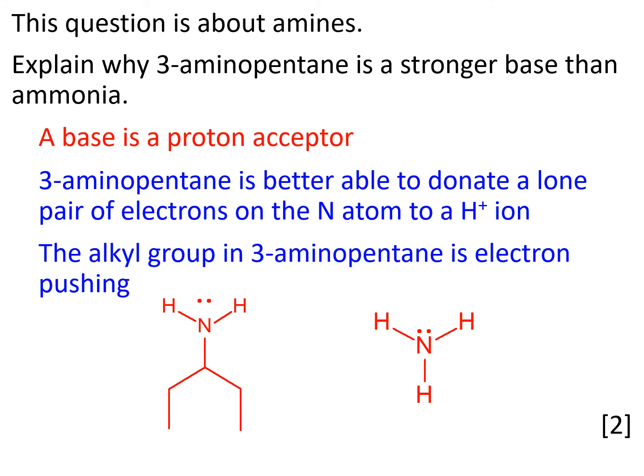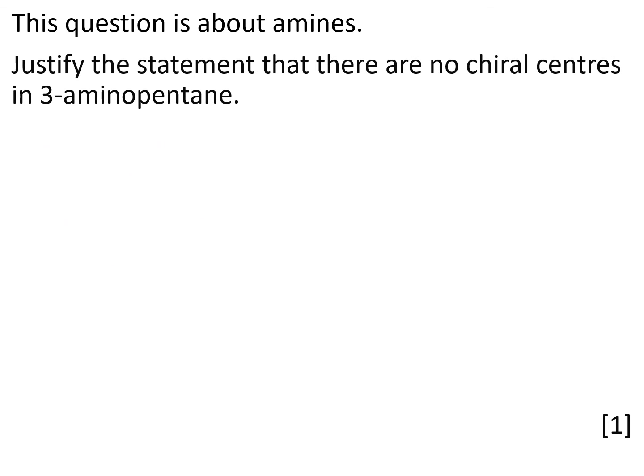So in the case of pentylamine, you can see the lone pair of electrons is further from the nitrogen, so the alkyl group is electron pushing, and so those electrons are now better able to bond with a H+ ion or to be donated to a H+ ion. Final part of this question, read it, pause it, have a go, press play when you're ready.